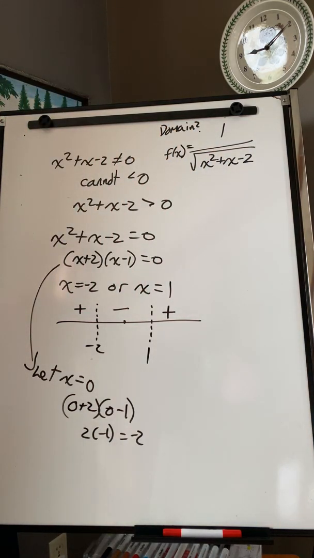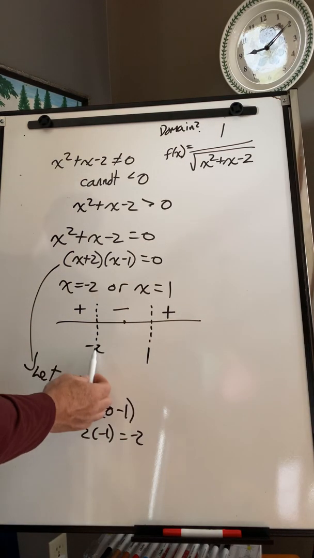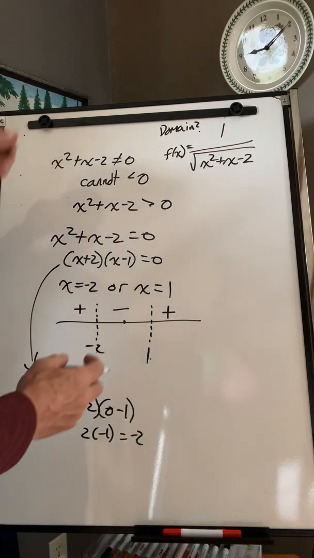Now, we need to figure out the domain. Our values can't be negative under the radical, so we can't have between -2 and 1.